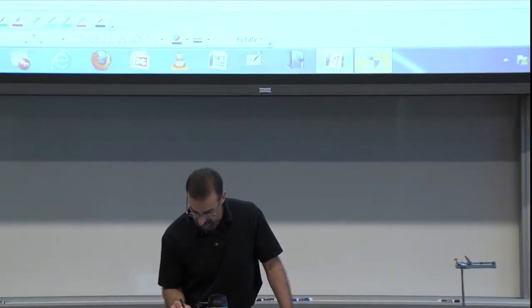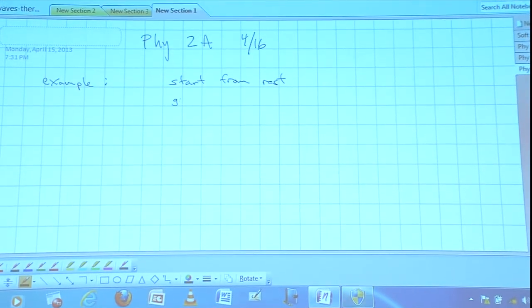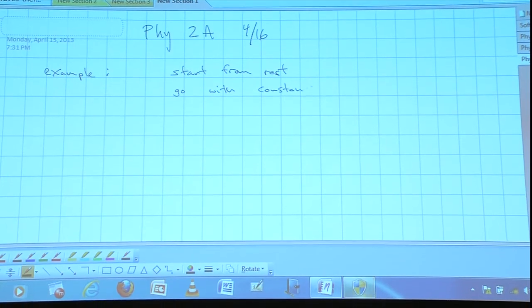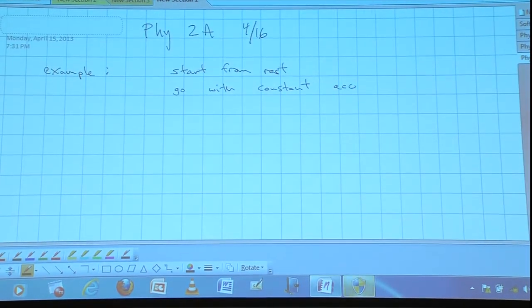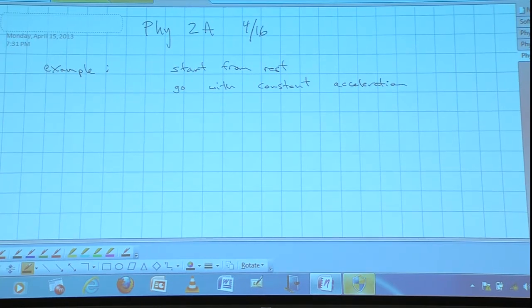So the car is going to start from rest and go with constant acceleration.